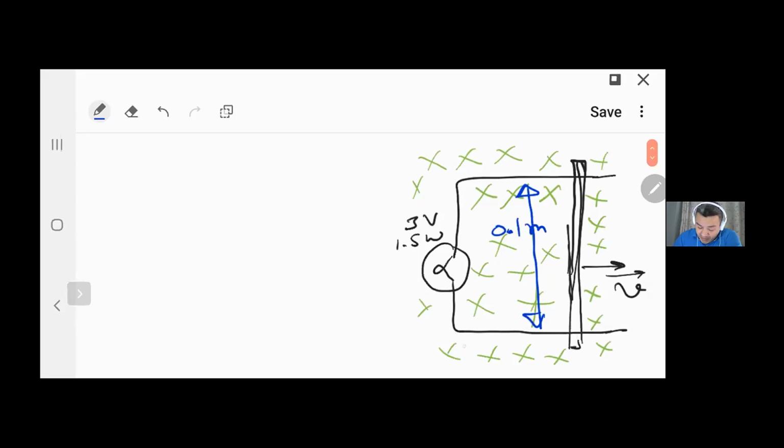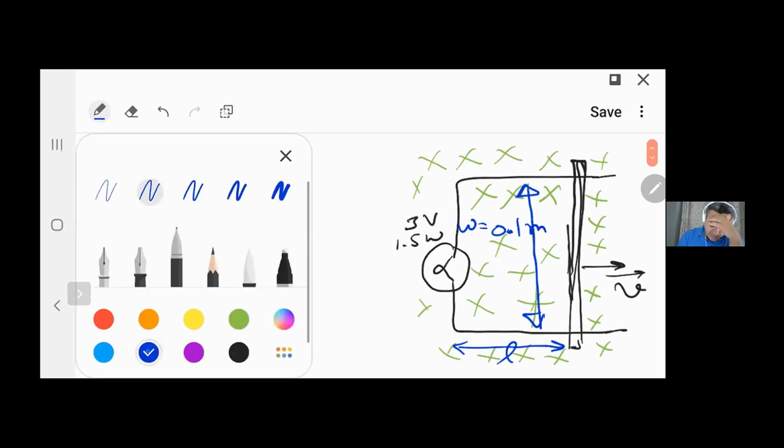And this is the length. So this is W. This is L. And we need to calculate the velocity V such that this light bulb is achieving full brightness, which means the electromotive force is 3 volts.